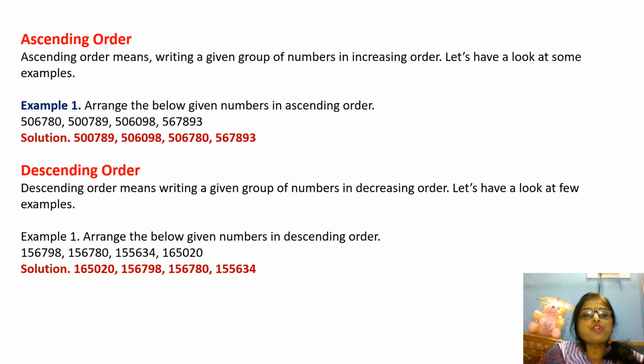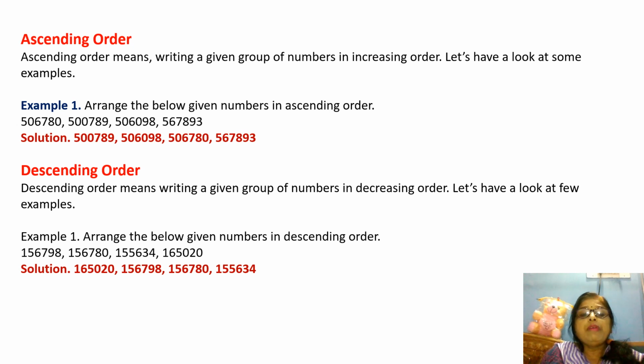Students, our next topic is ascending order. Ascending order means writing a given group of numbers in increasing order. Means the smallest one will be first, and then we will proceed towards the largest one. Here an example is given, and you have to arrange it in ascending order. So many numbers are given here, and the solution is also given here.